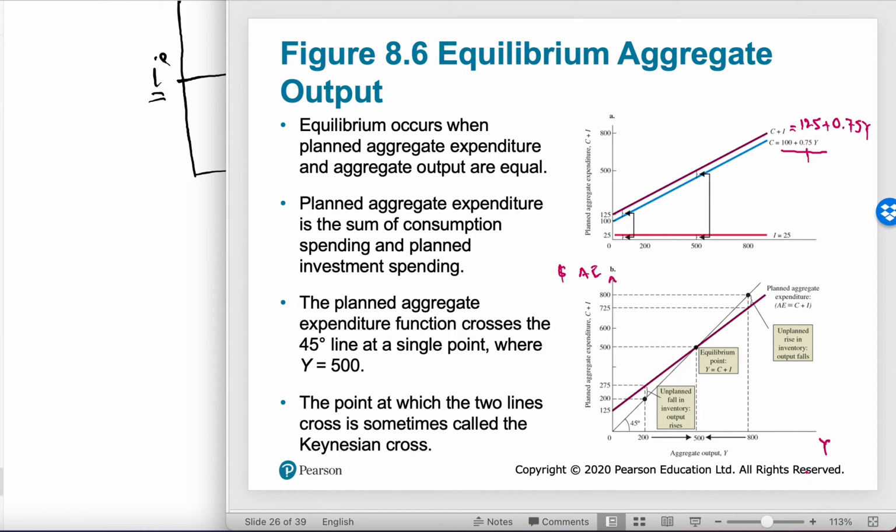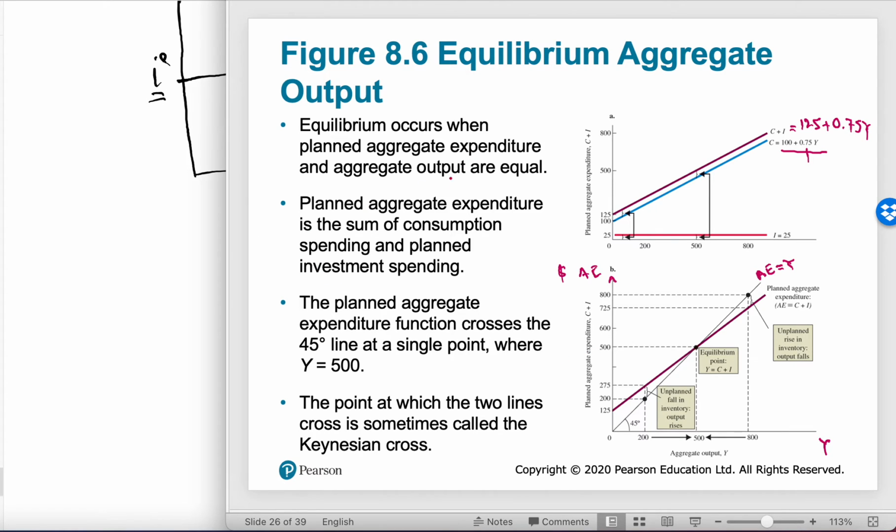So this is Y, this is aggregate expenditure, and the relationship has a y-intercept of 125 and a slope of 0.75. So it is certainly going to intersect the 45-degree line. The 45-degree line is everywhere where aggregate expenditure, this is called the equilibrium condition, is equal to Y, because it's going to be a square: 800, 800, 200, 200, 500, 500.